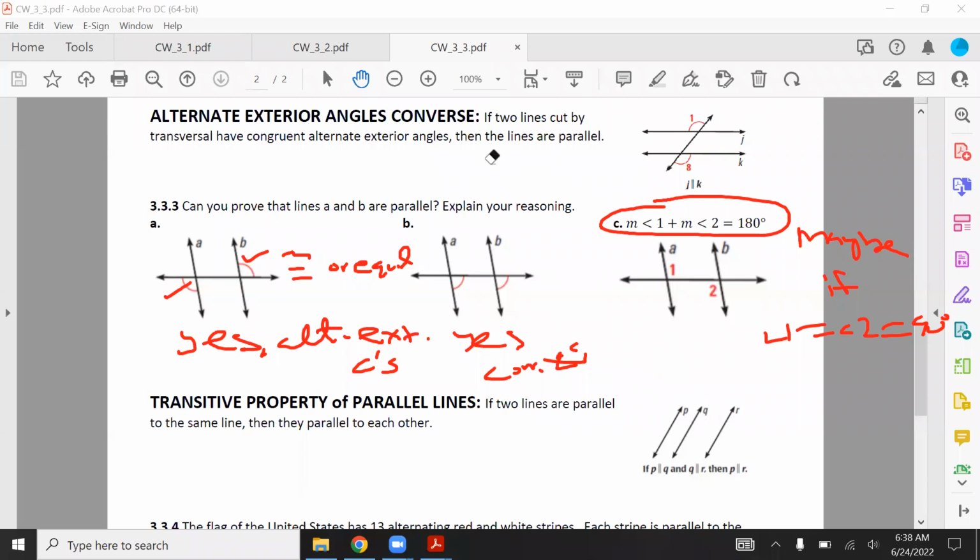If 1 and 2 add to 180 and they're alternate interior, what if I had this? So that's like 130 degrees. Now we're at 50 degrees. It's pretty clear now A and B are not going to be parallel to each other. They're going to touch. So that's no. Okay, so take some time to simmer over that.